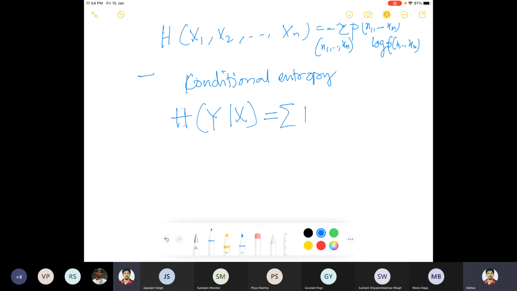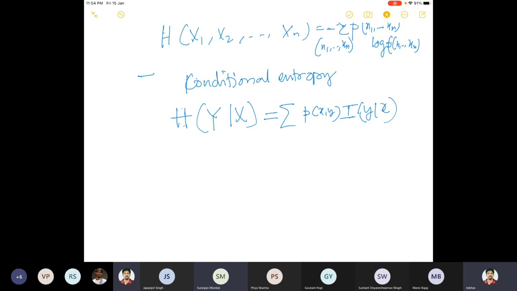Sum of p of x, y, then I of y given x. Okay. Does everybody agree with this definition?